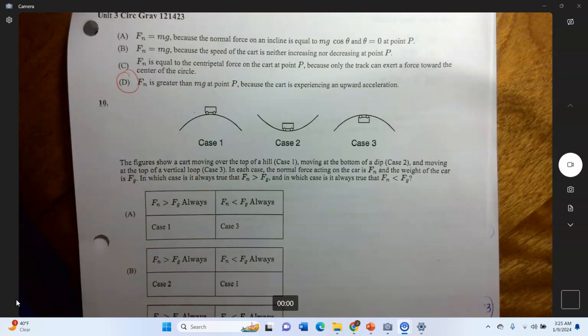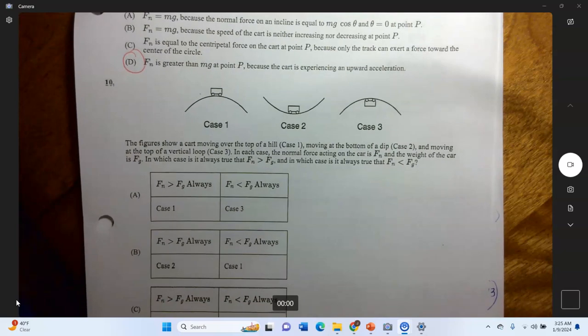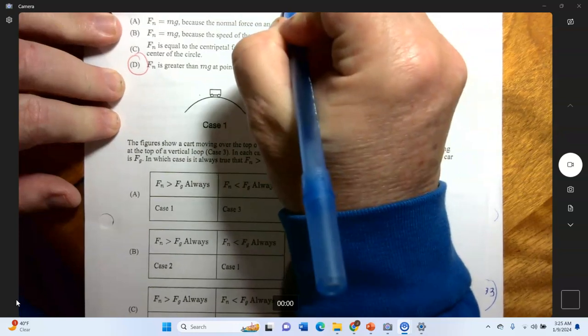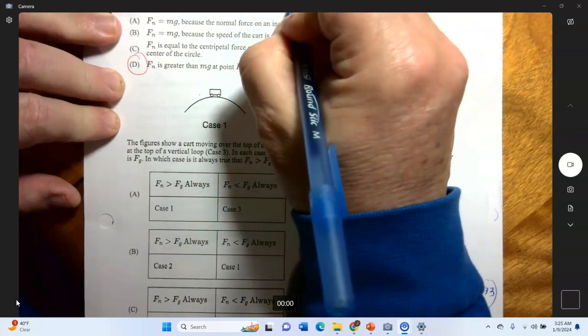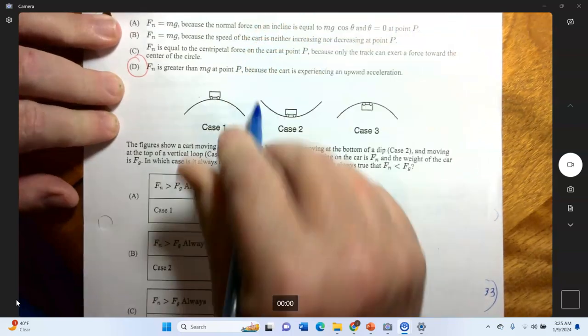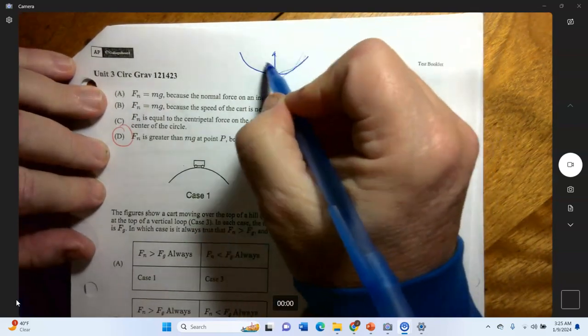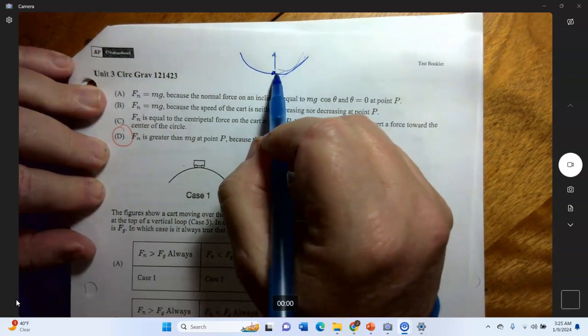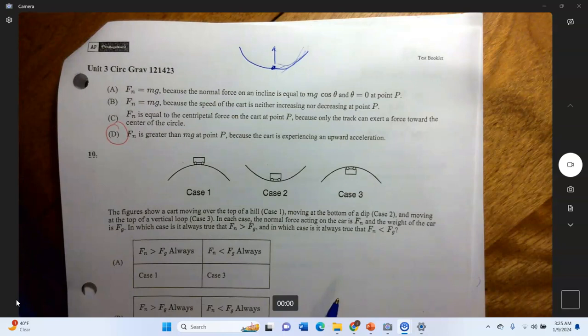Okay, so the cart at that point, sorry, it's not on the same page, so let's draw it right here. The cart is starting to get pushed upward, up this slope right here. So that means the normal force is going to have to be greater than the force of gravity.